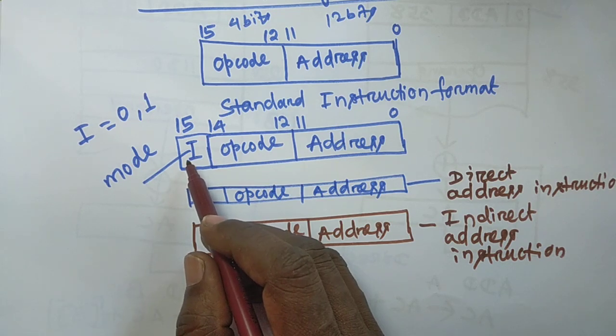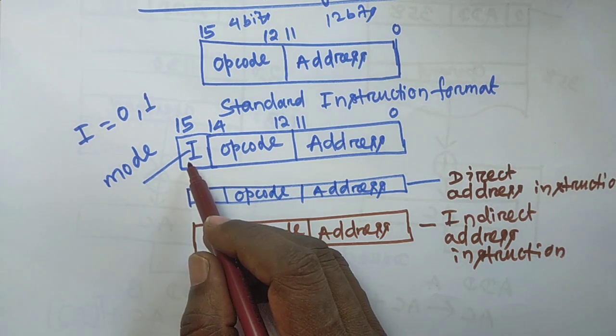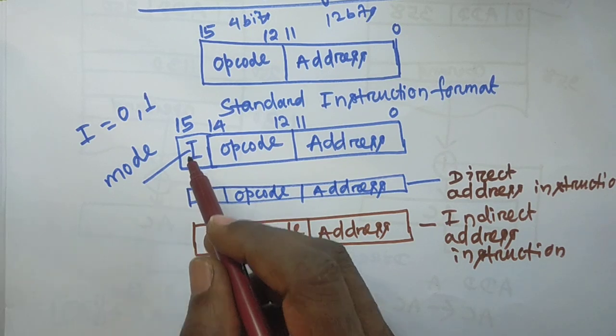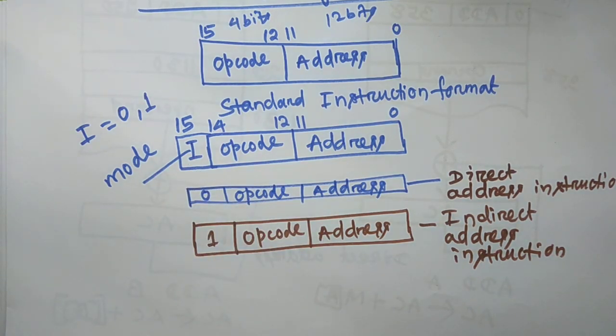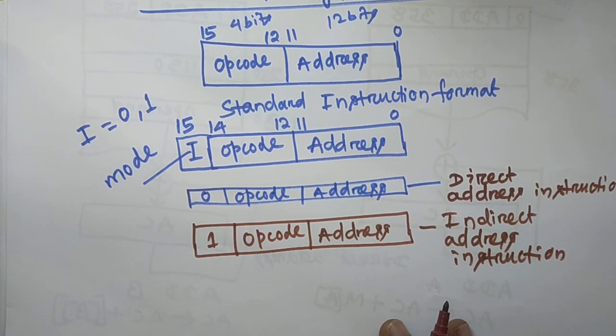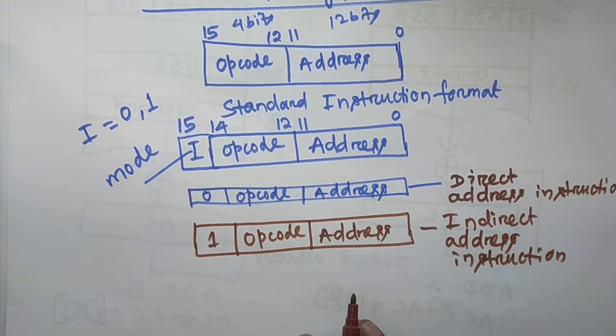It contains only one bit, and this bit is very important whenever we define an address as either direct or indirect.